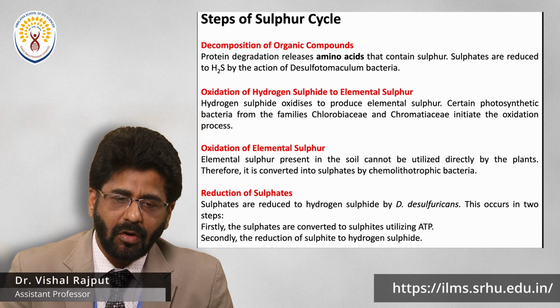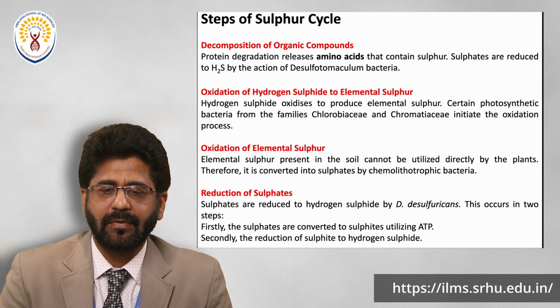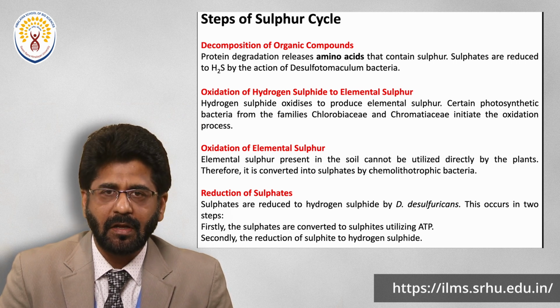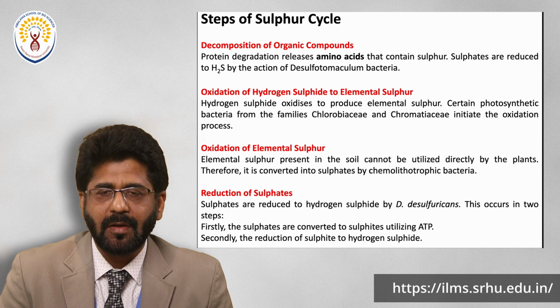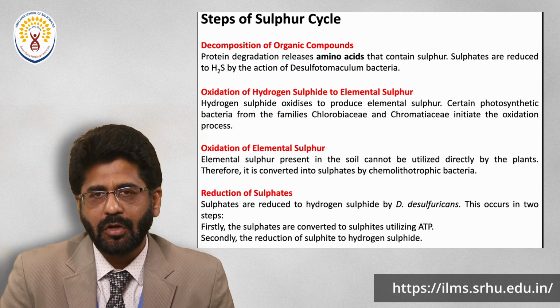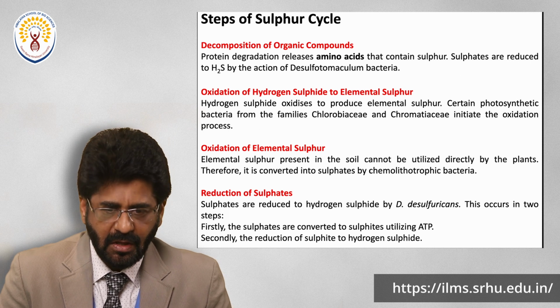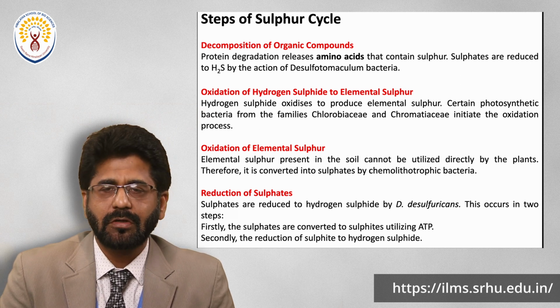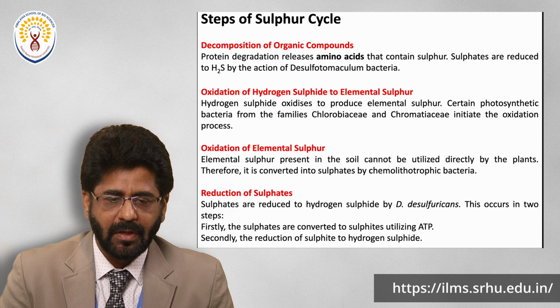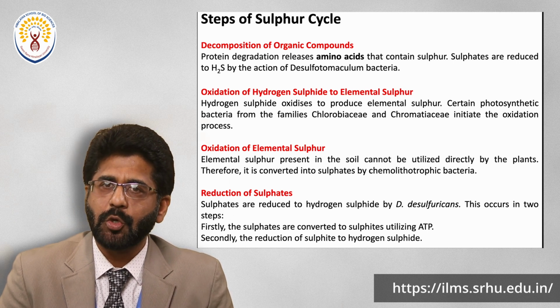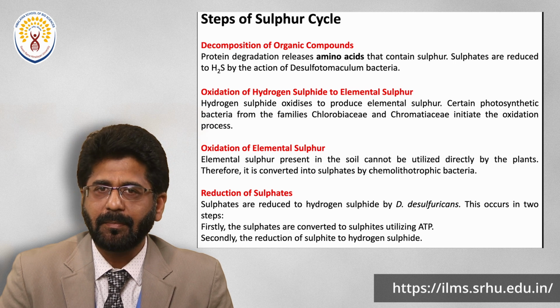So here the oxidation of hydrogen sulfide to elemental sulfur is performed by bacteria so that it can be made available to other parts of the ecosystem like plants. Further, the oxidation of elemental sulfur. Elemental sulfur present in the soil cannot be utilized directly by the plants.